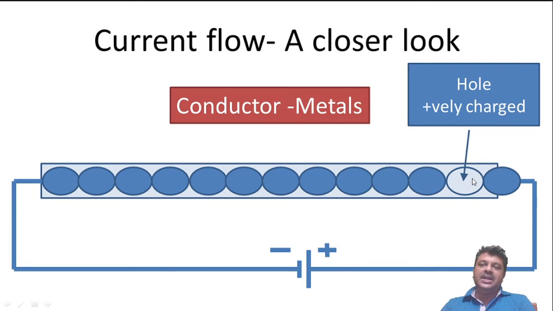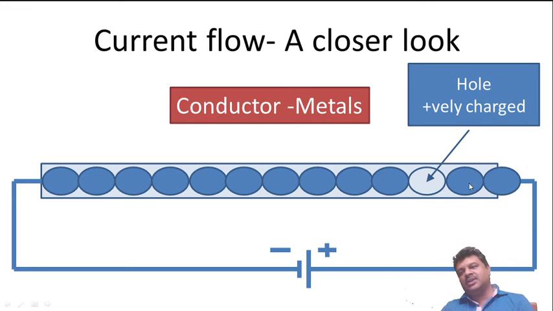So what happens? This is a positively charged place. Here there is a negatively charged particle. This will attract the electron towards the right. So the second electron will move and occupy the vacant position. Because of this movement, the third place has now become vacant, and again it is positively charged.